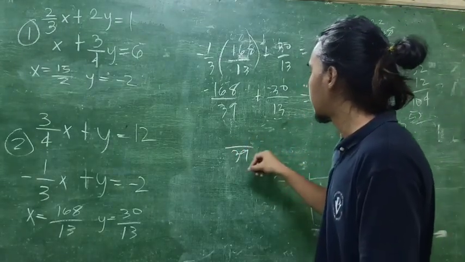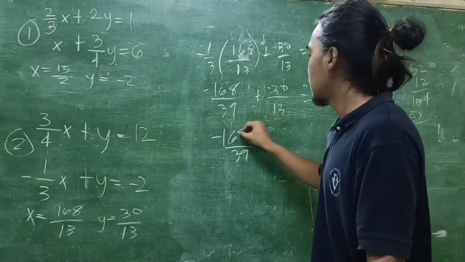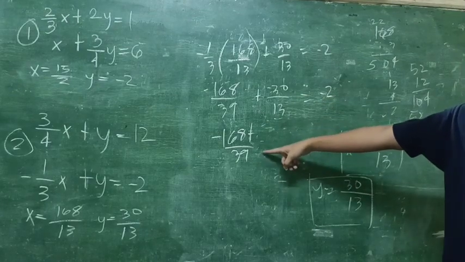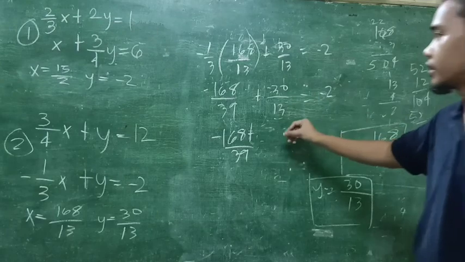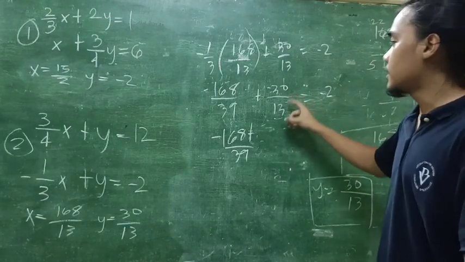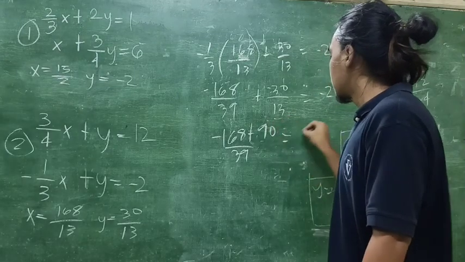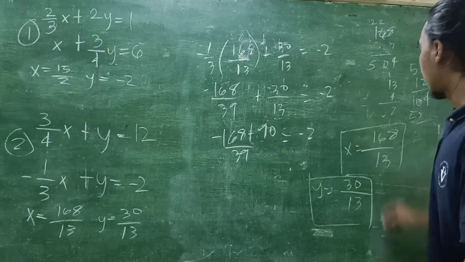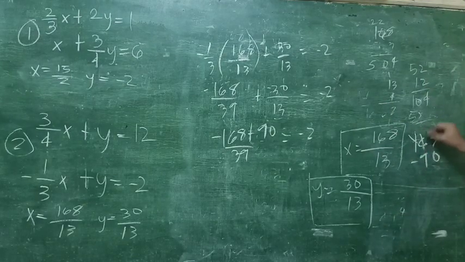So negative 168 over 39 plus 39 divided by 13 is 3 times 30 is 90 equals negative 2. So 168 minus 90.